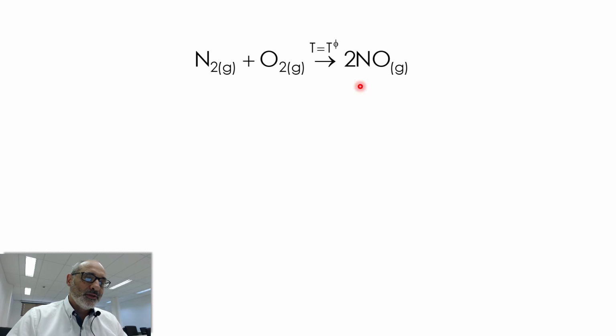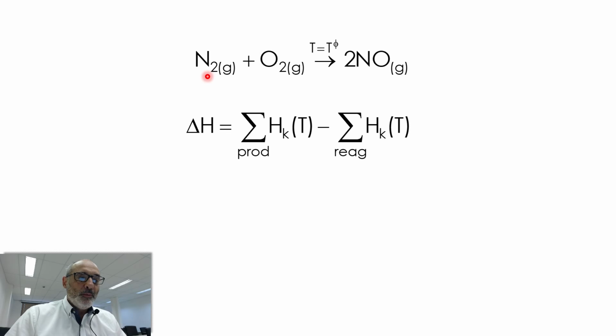So let's consider this reaction: N2 plus O2 in gaseous phase, at a given temperature T, giving two molecules of NO. When we apply the first law of thermodynamics, let me write it down here.